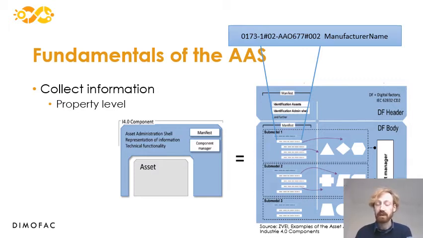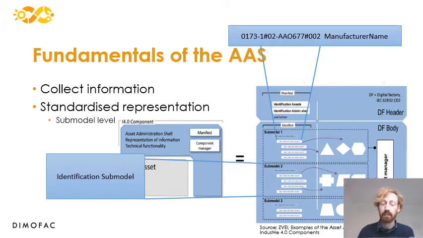For example, this manufacturer name gains a global ID through its E-class identifier, but also on the level of functionalities.